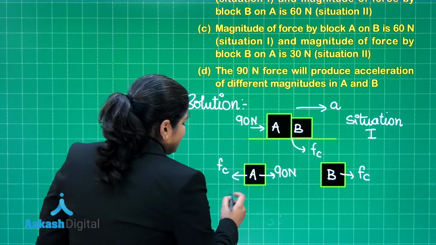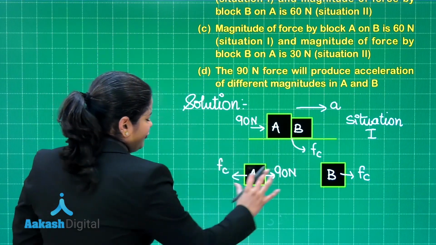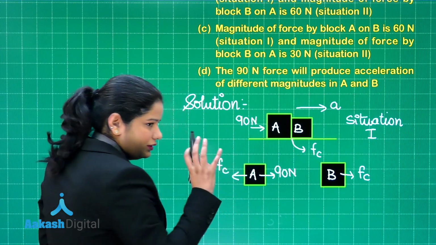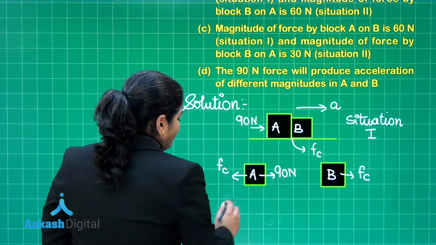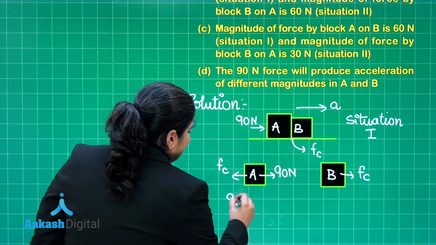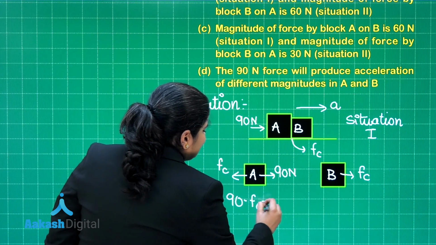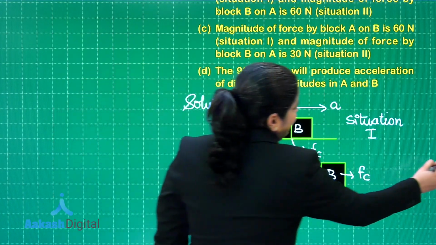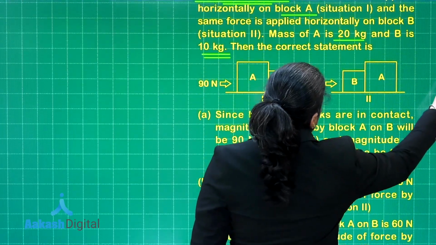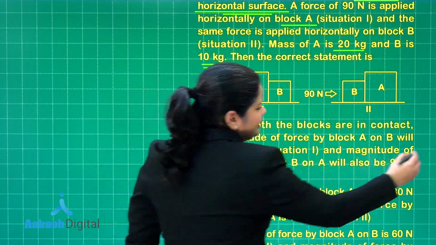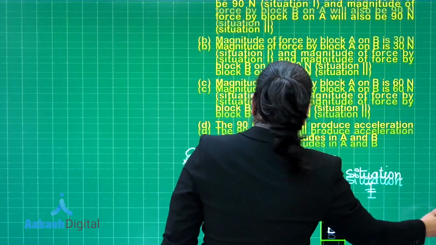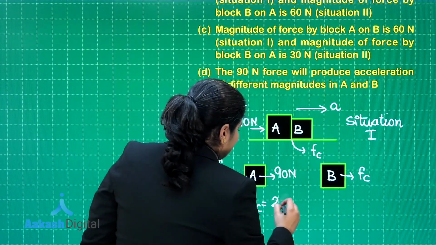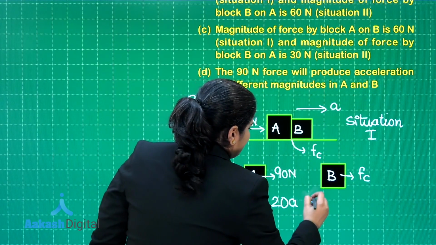In this situation, the net force equation for block A will be 90 minus FC is equal to mass of block A, which is mentioned in the question as 20 kg, so that is 20A. This is my equation 1.